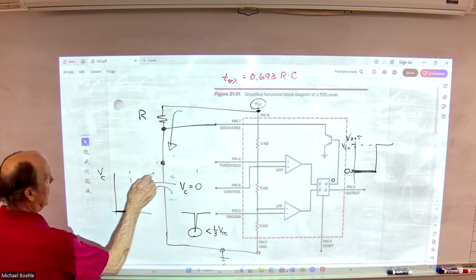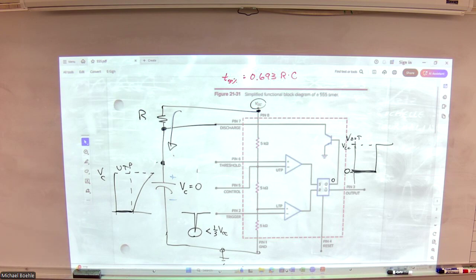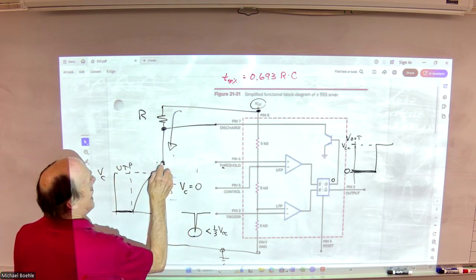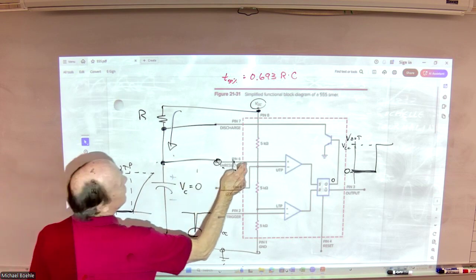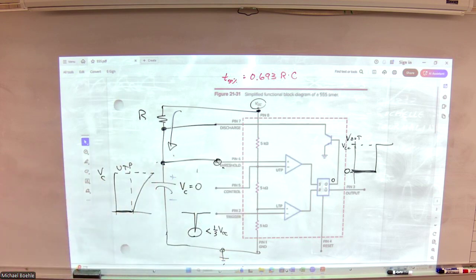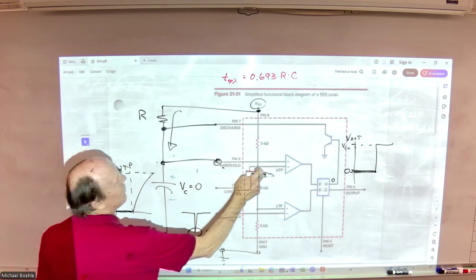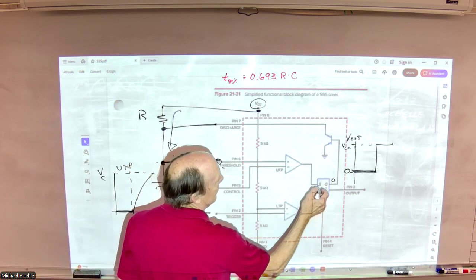But when I reach the upper trip point, what happens? I forgot to connect that one. Sorry about that. So the capacitor voltage is tied to pin 6 as well. Now, when the capacitor voltage reaches the upper trip point, this comparator is activated.